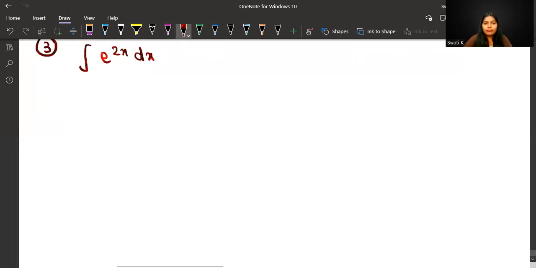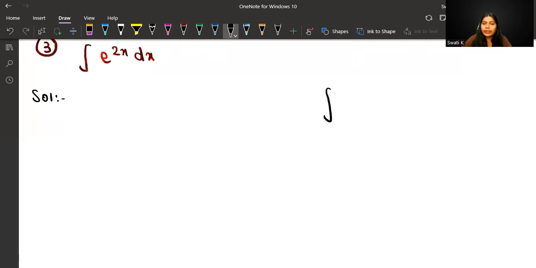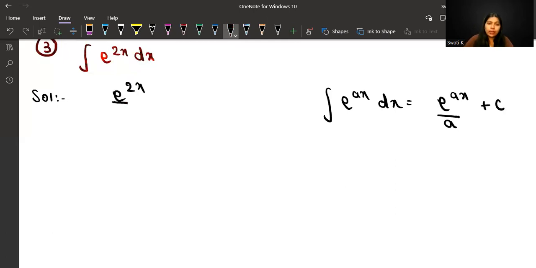The formula for integration of e raised to ax dx simply becomes the exponential function itself, and then this a is the coefficient here, so you have to divide by it and then plus c. So using this formula, this will become e raised to 2x upon 2, since a is 2, and then we have plus c. This is the answer.